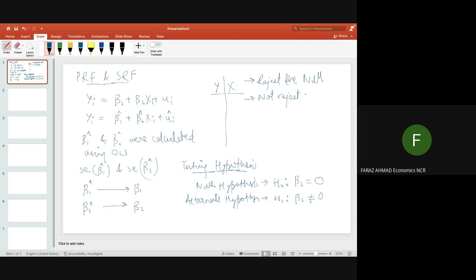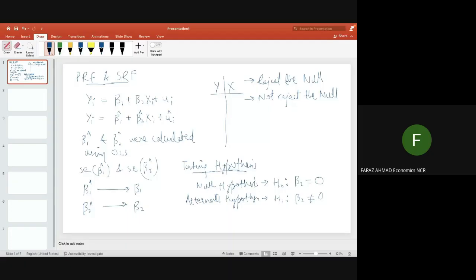We have only two options, so our result would be in terms of these two options. Whether we are going to reject the null or we are not going to reject the null, and it all depends on the things that we calculated.